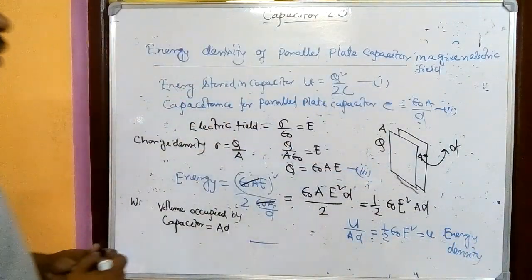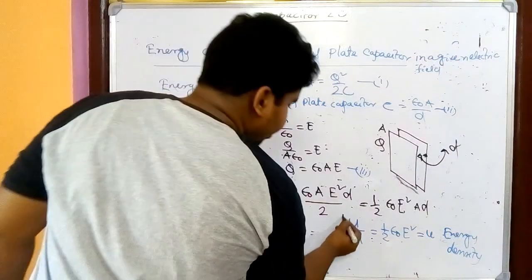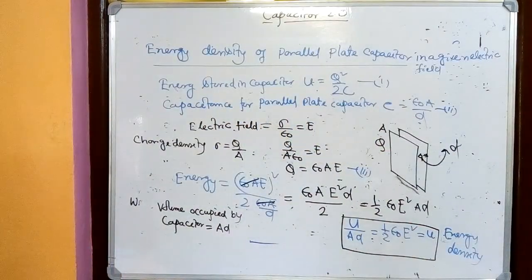So what is energy density? Energy density is nothing but energy per unit volume. So this equation gives us the energy density of a parallel plate capacitor.